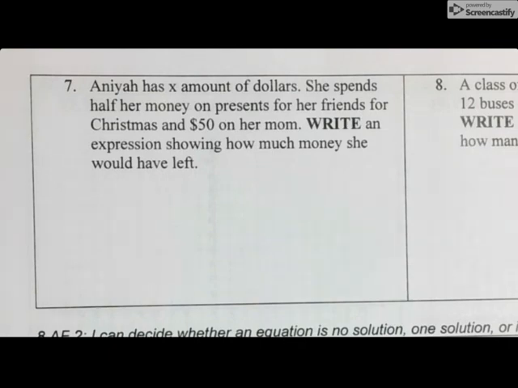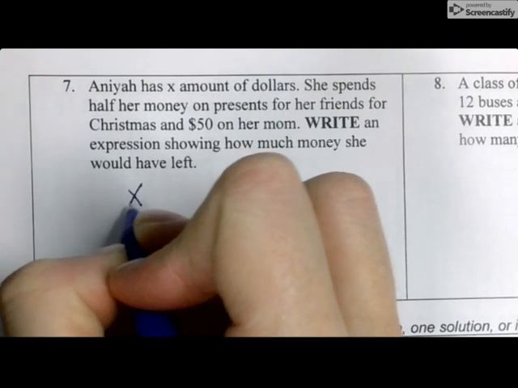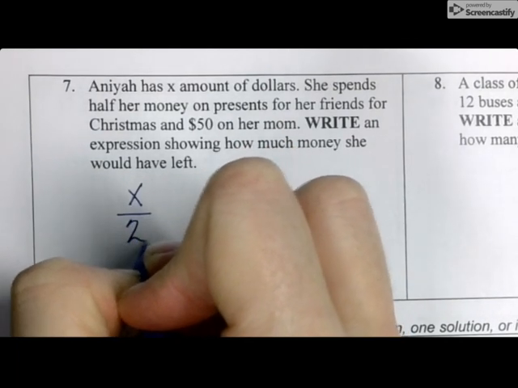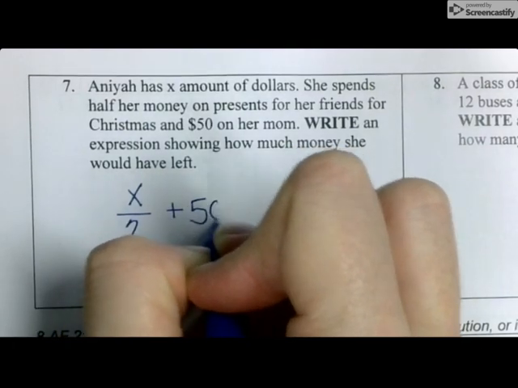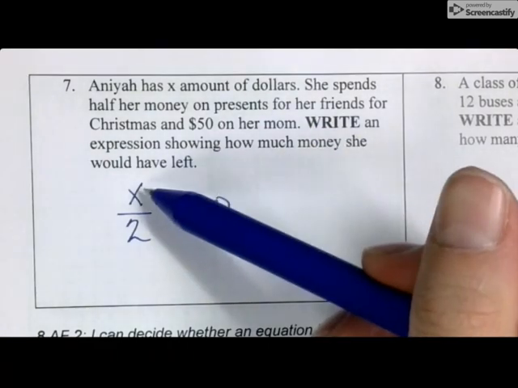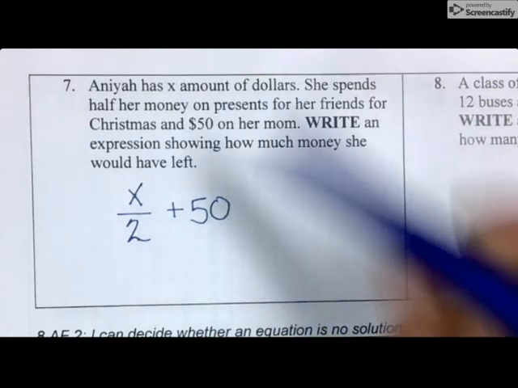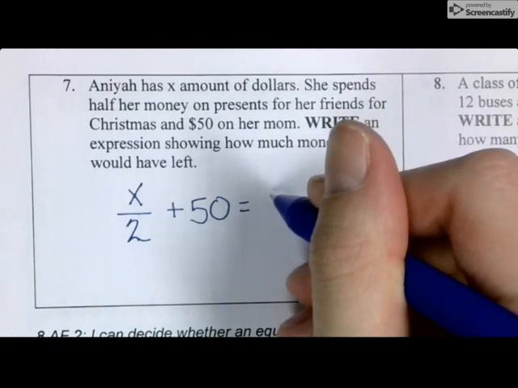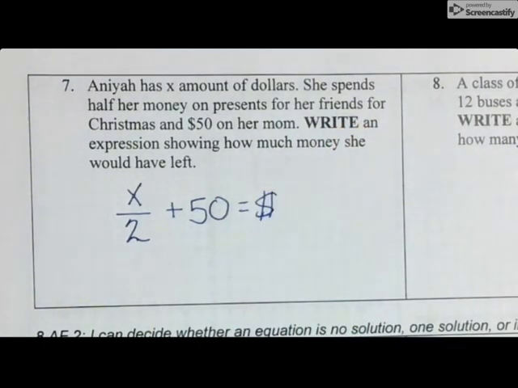She spends half. So what is that going to look like? X divided by 2 plus however much she spends on her mom. She has her money. She divides it in 2. Then she adds what she spends on her mom. And that's going to equal how much money she has left.